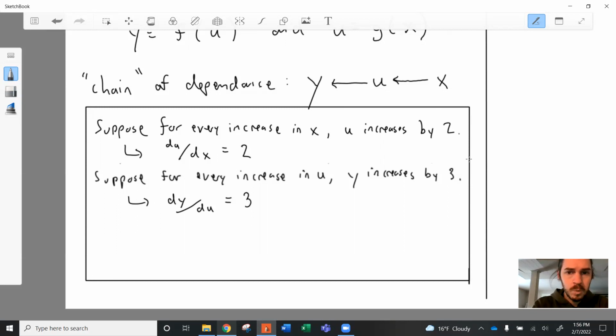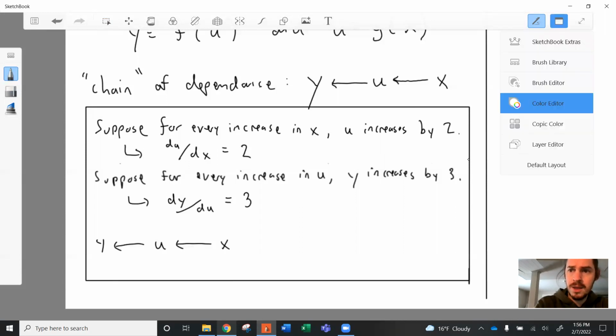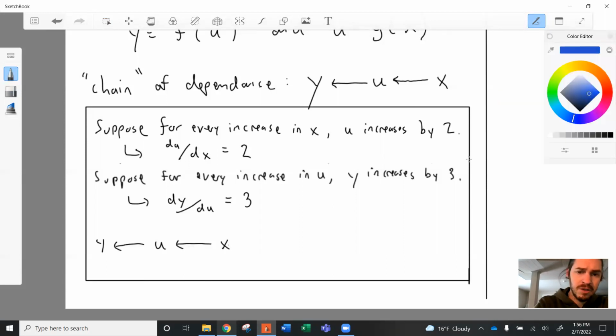So now, if we go back to our chain of dependence up here, I'm going to write it down here again. We imagine coming along and increasing x by 1 unit. Let's follow the chain and see what happens according to our rules. We increase x by 1 unit, u is going to increase by 2 units.